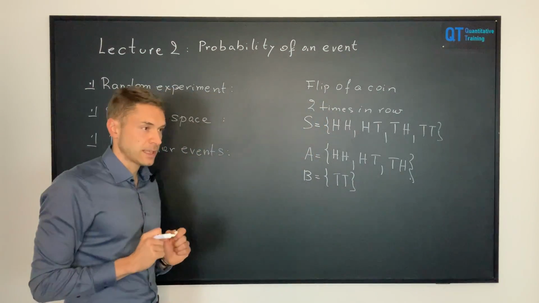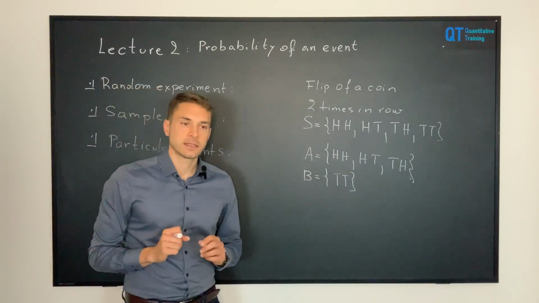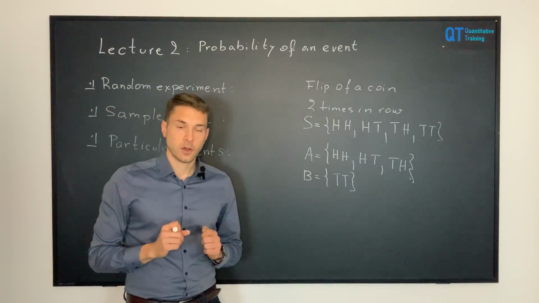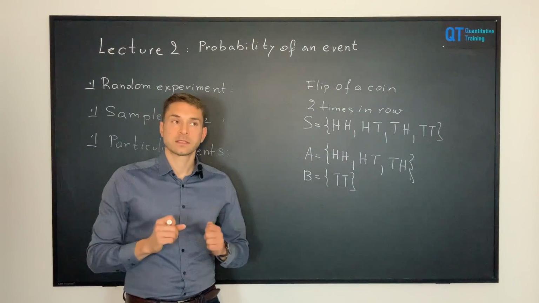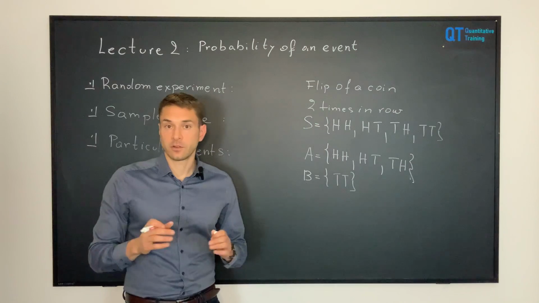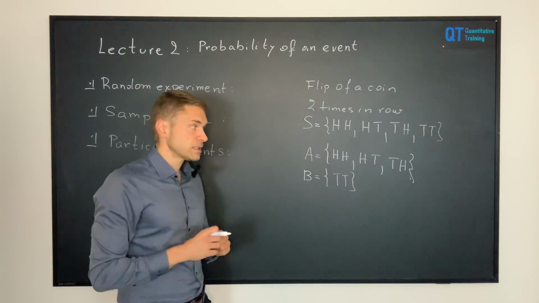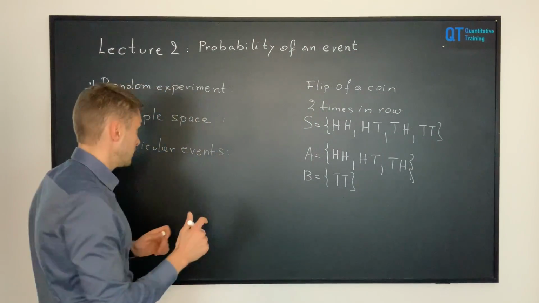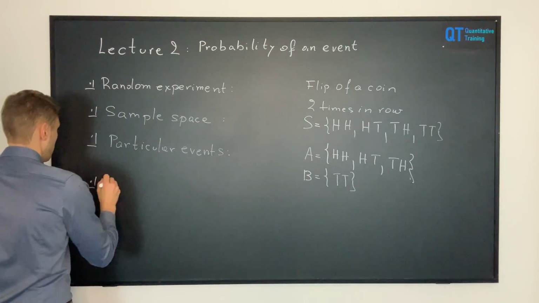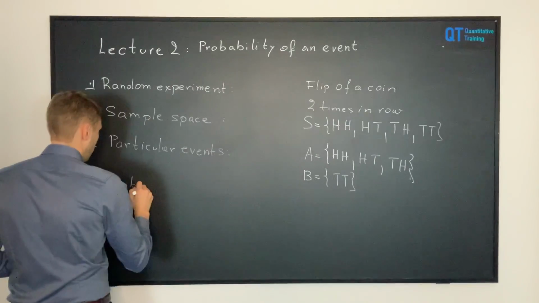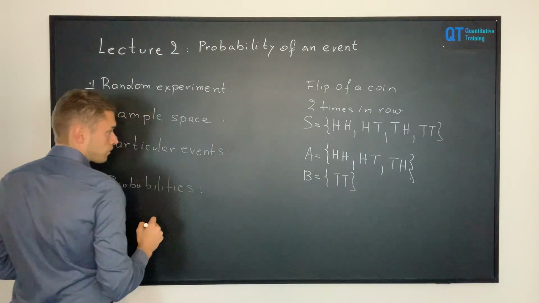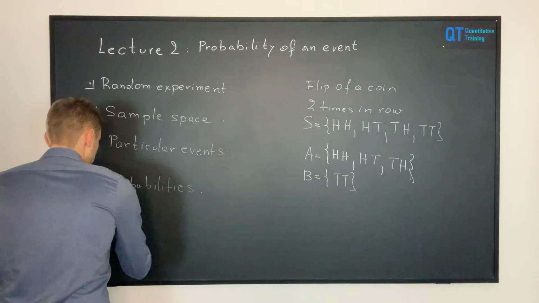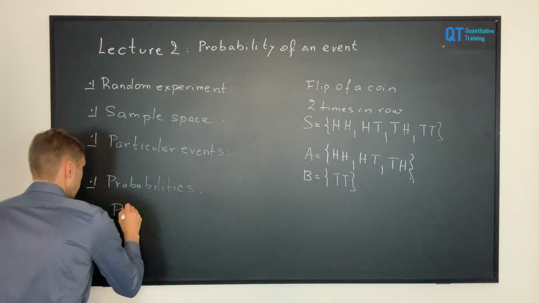Now, as an additional step, we can ask what is the probability of obtaining the event A, so obtaining at least 1 time heads while flipping a coin 2 times in a row. So let's look for the corresponding probabilities. Probability of A, obtaining at least 1 time heads.